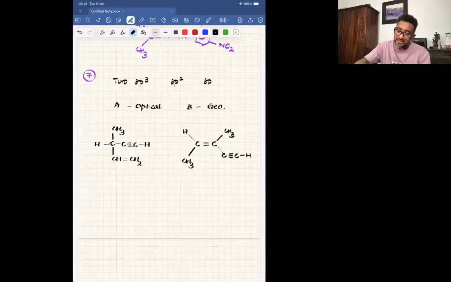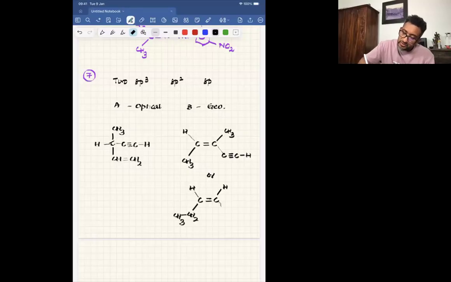That is one structure. You can draw it like this also. Hydrogen here, hydrogen here. And here you can have sp2 centers, CH2, CH3. And on this side, you can have triple bond CH. They ask only one structure, so one of those structures is enough. This shows geometric isomerism. Other one shows optical isomerism.